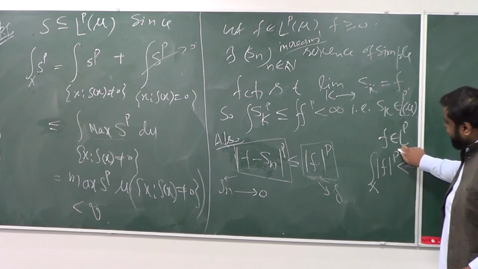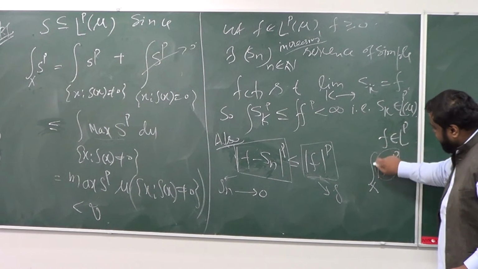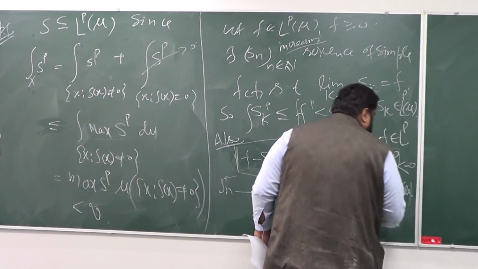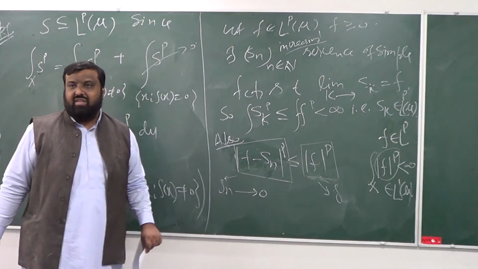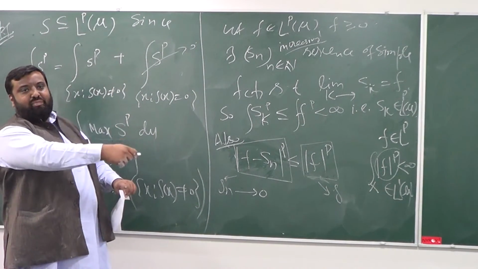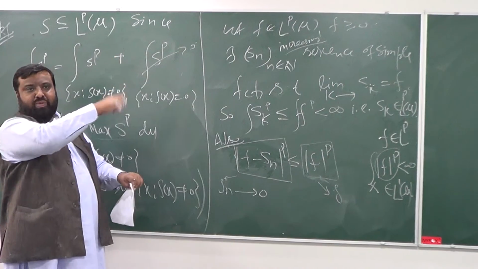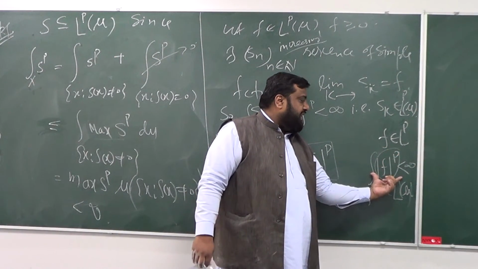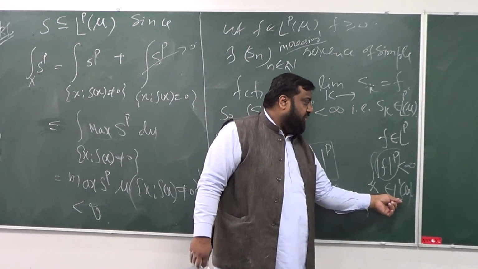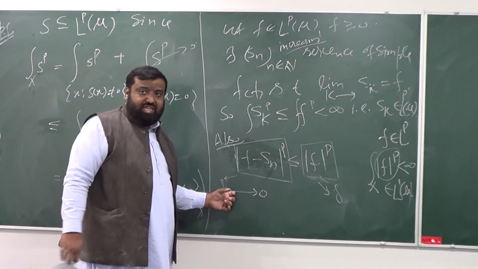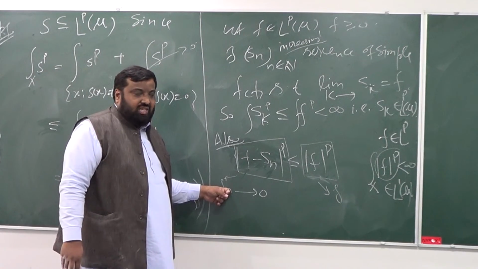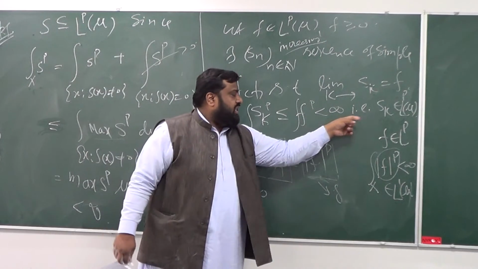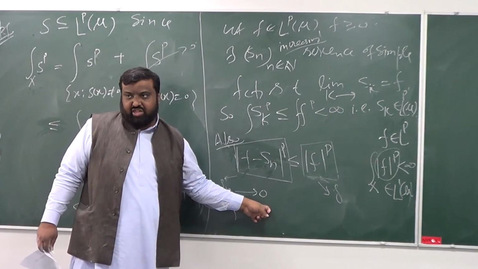So I can treat this entire function as an element in L^1(mu). Not f, but this f to the p in L^1(mu). Since f is in L^p, this must be finite, and if this is finite, then this is in L^1(mu). And this sequence that I have named g_n is dominated by this function g, and g_n is converging to 0.